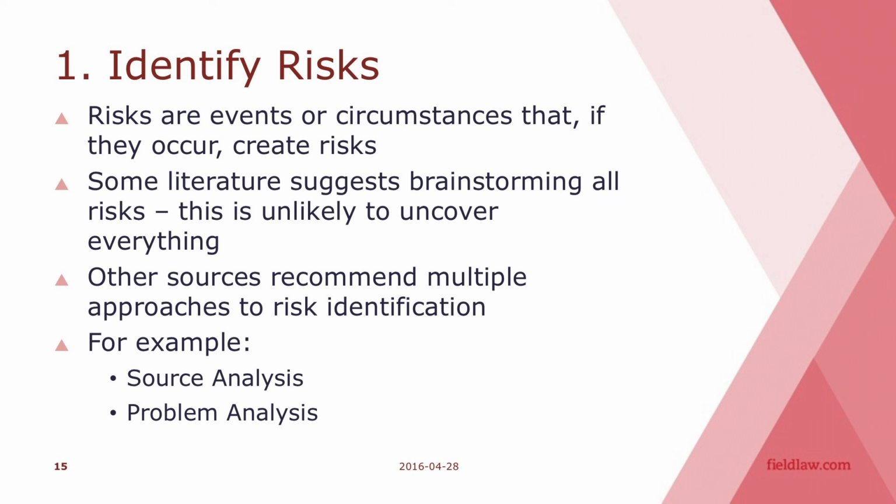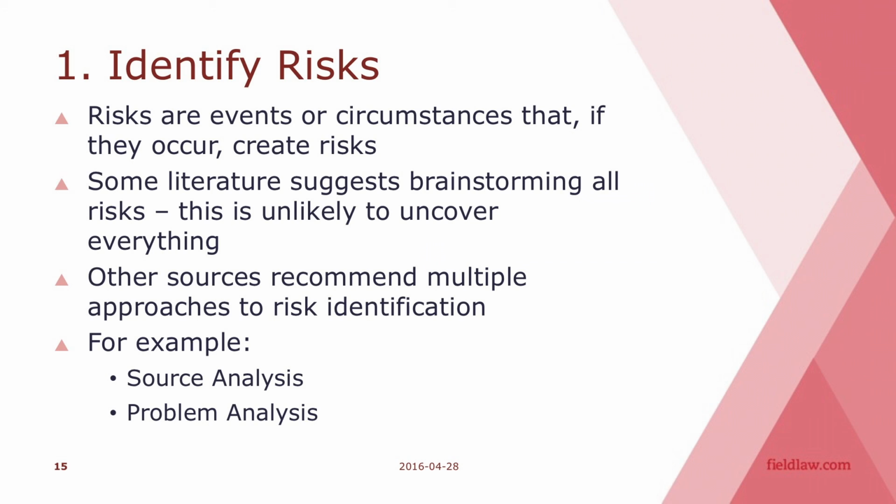But in some of the other literature that I was looking at, the concern was if you only approach risk identification in one way, you're going to miss things. And so you have to approach it in more than one way. You have to try to think of what are some other ways we could approach risk identification so we can think about things from different perspectives and get all of it.